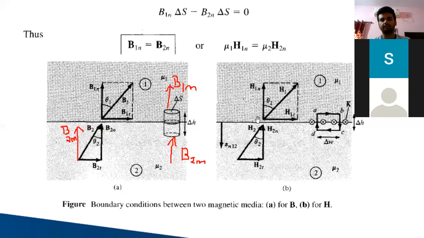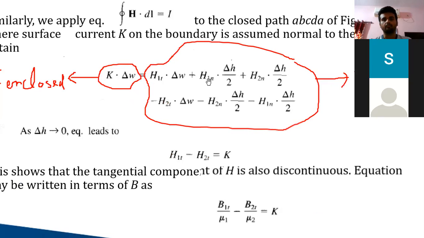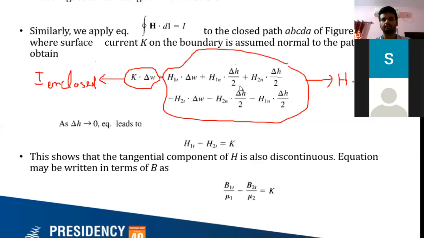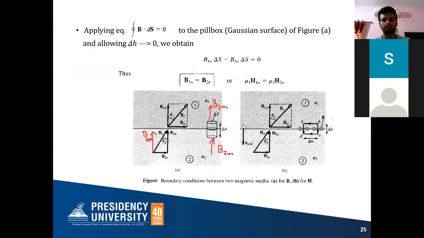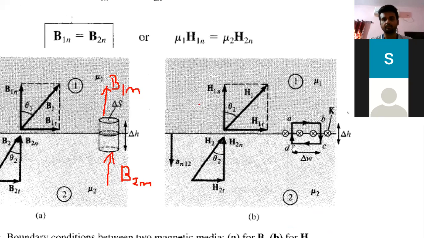Okay. Now next we have plus H1N into delta H by 2. See, this is delta H, correct? And this much part is what? Delta H by 2.